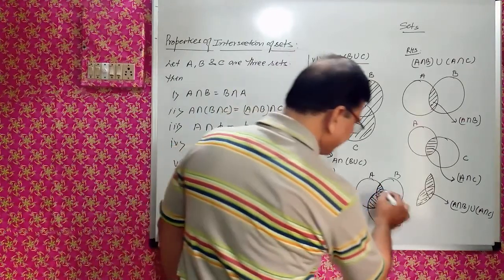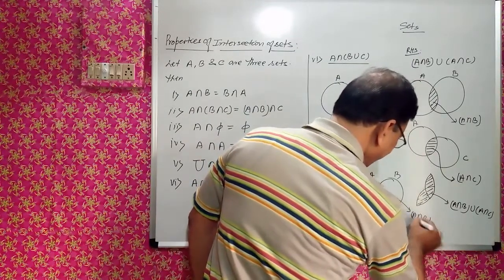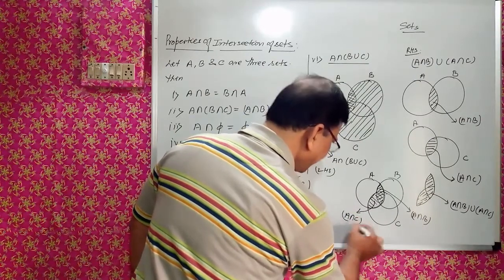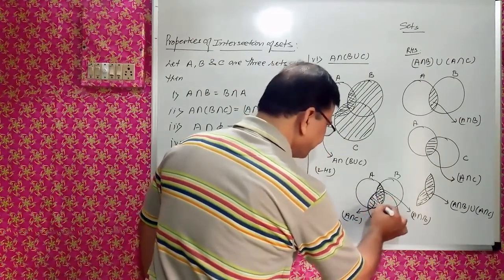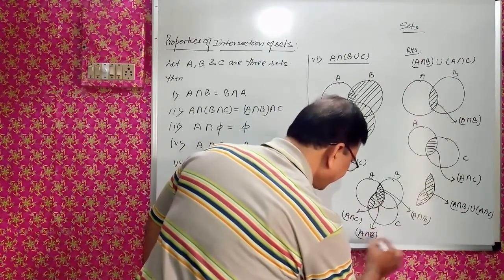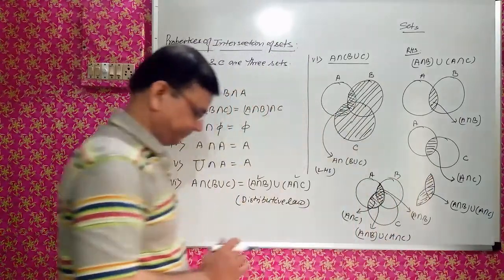So this part is A intersection B, and this part is A intersection C, and the complete part, if you are taking the whole part, is A intersection B union A intersection C, meaning is same, right?